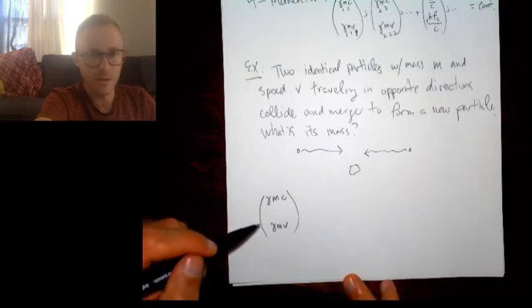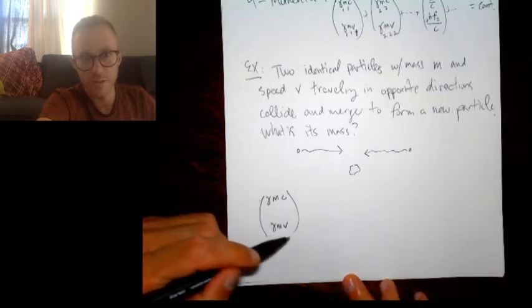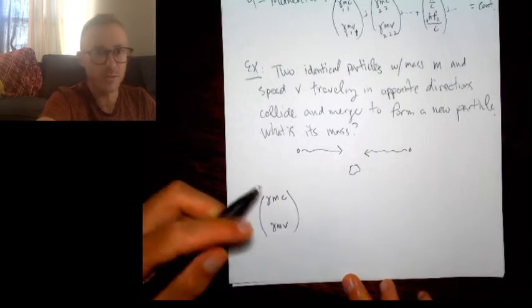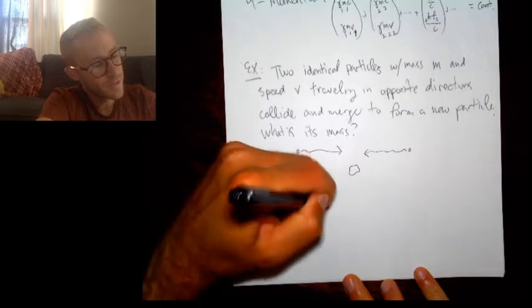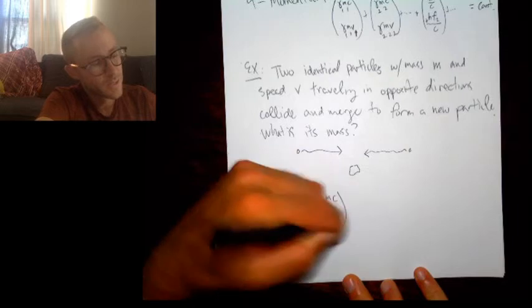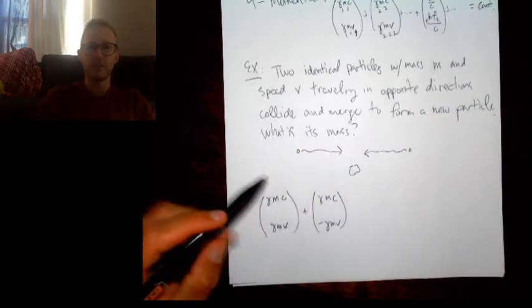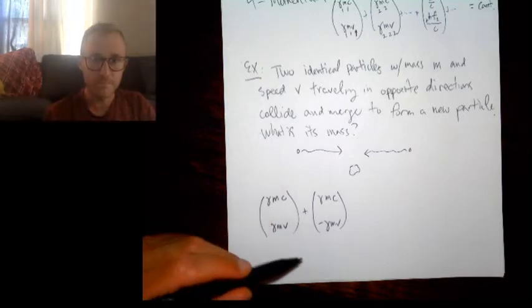So this is the particle that's traveling to the right because its space component of the momentum is positive. Plus, and then the other particle is gamma mc, minus gamma mv. So this would be the momentum of the one that's going in the opposite direction.